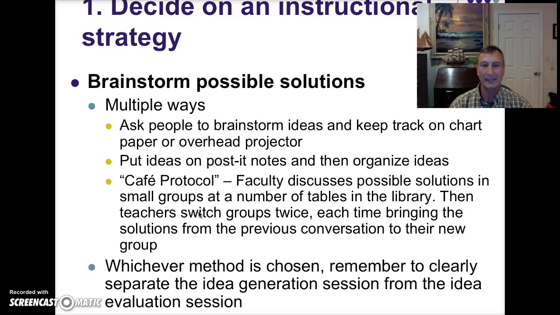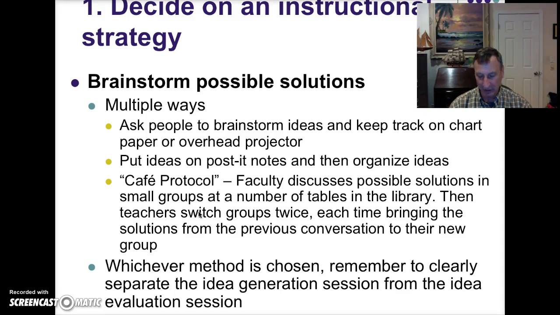One idea here is this Cafe protocol, where the process of bringing solutions to the table can be solidified, and then whatever method is chosen will be separate from the idea generation and idea evaluation session.